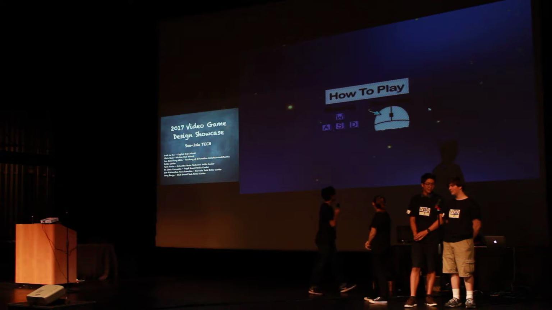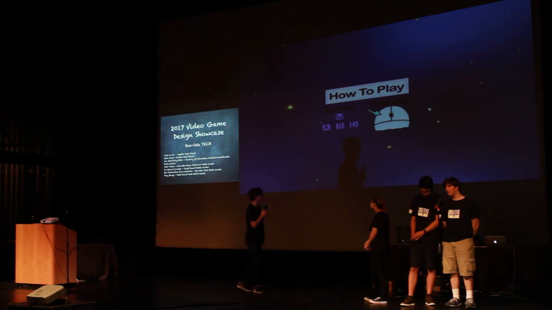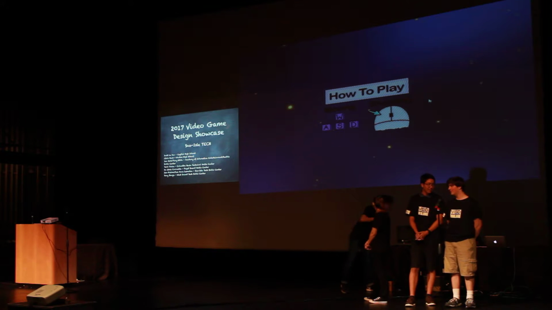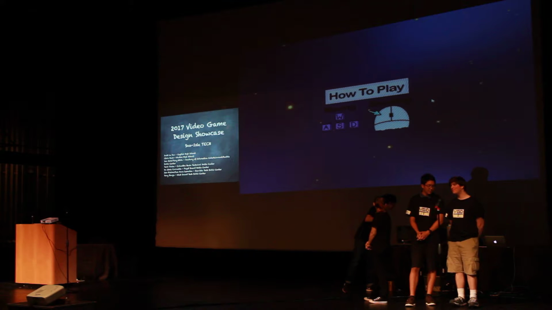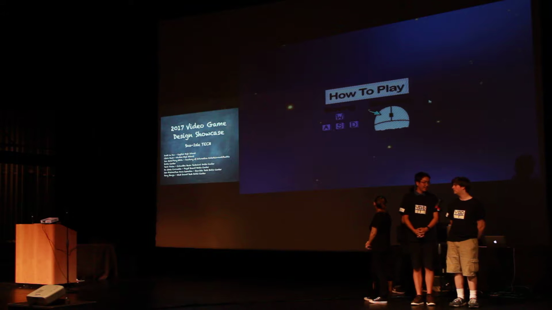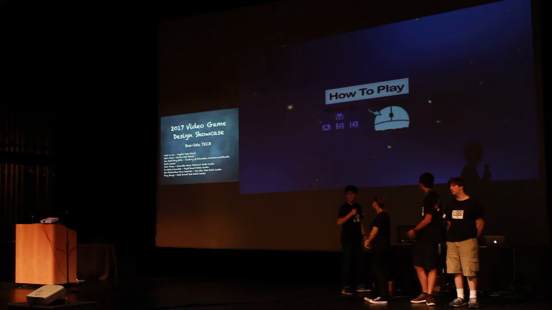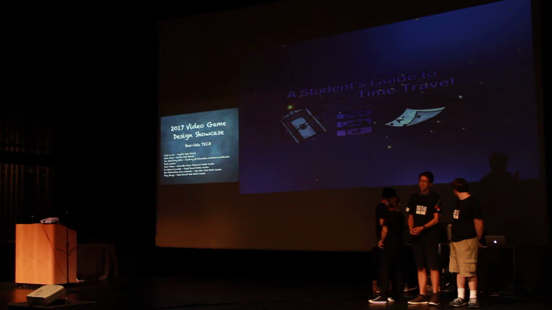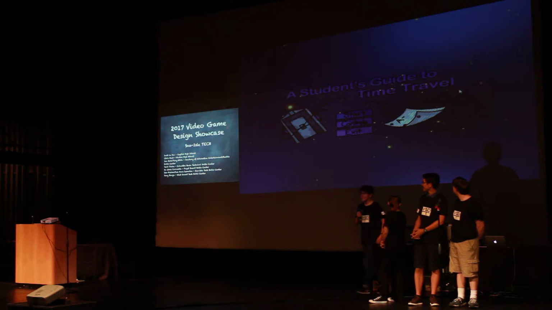It seems like we're having a problem with one of the buttons that allows it to exit. It seems like the keyboard's not working. I apologize. All right, we apologize, wrong keyboard.